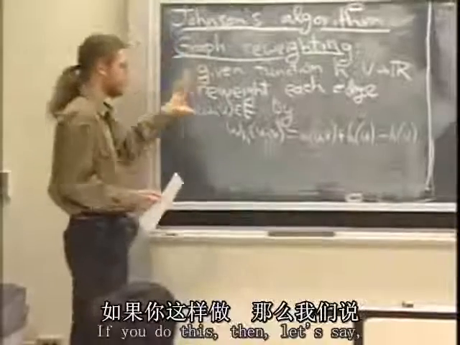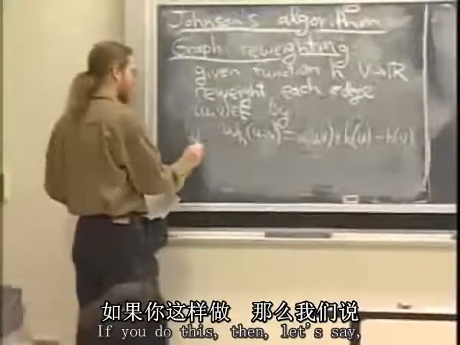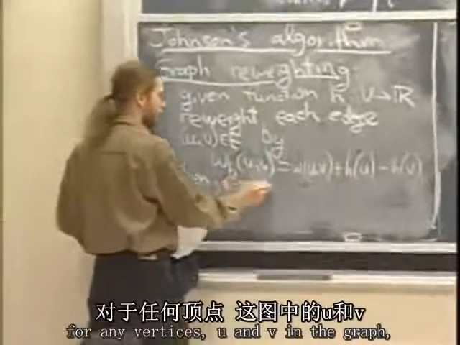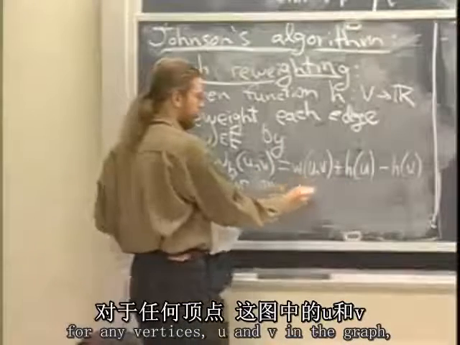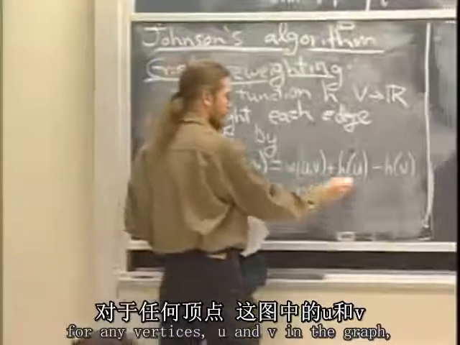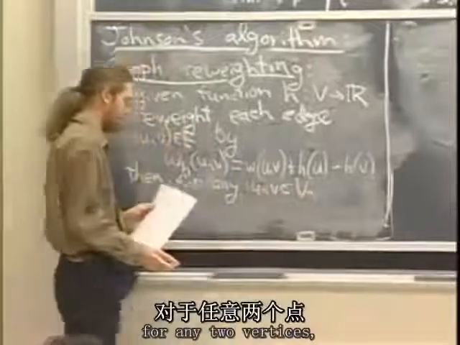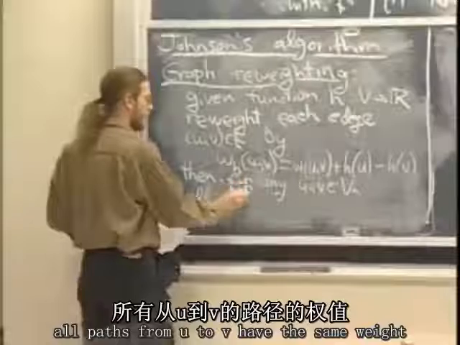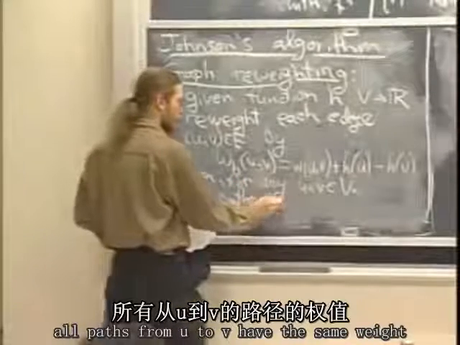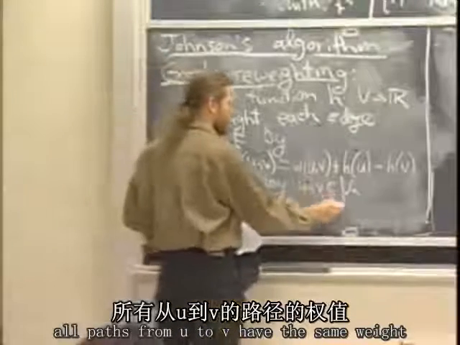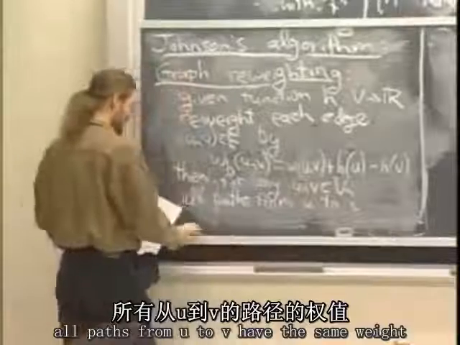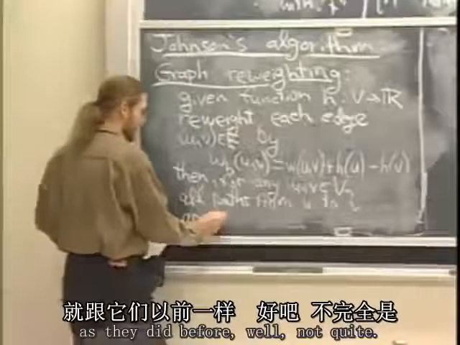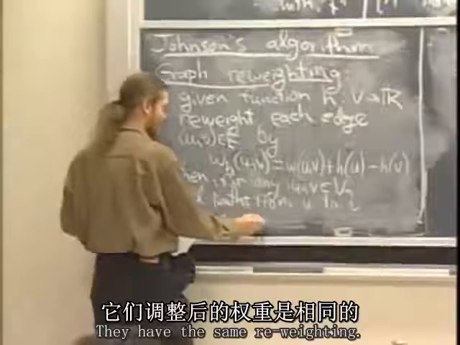If you do this, then for any two vertices u and v in the graph, all paths from u to v have the same weight as they did before. Well, not quite. They have the same reweighting.